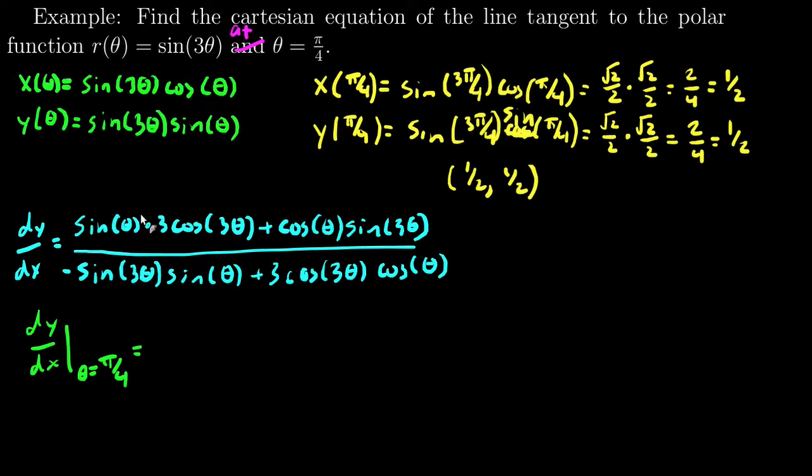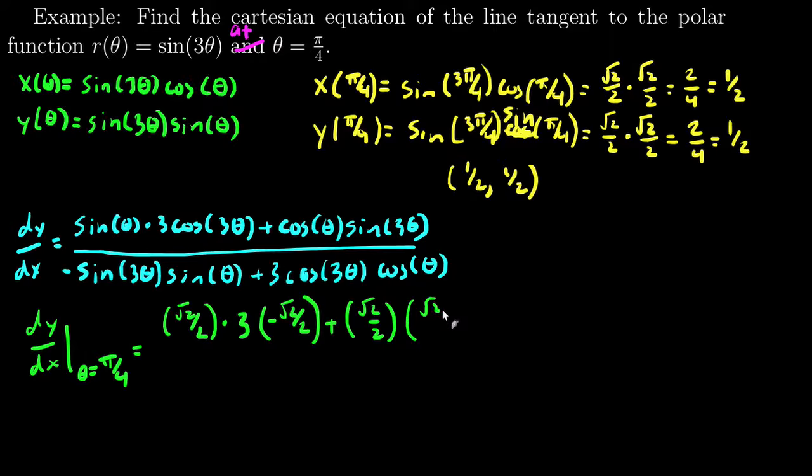The sine of pi over 4 is root 2 over 2 times 3 times the cosine of 3 pi over 4, which is negative root 2 over 2, plus cosine of pi over 4, which is root 2 over 2, times the sine of 3 pi over 4, which is root 2 over 2.